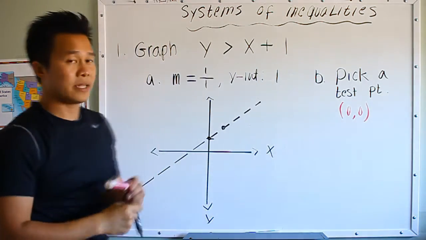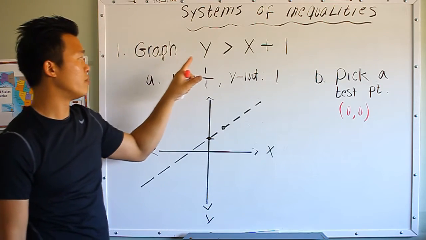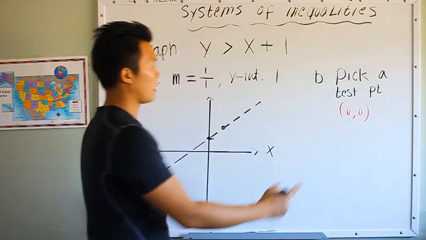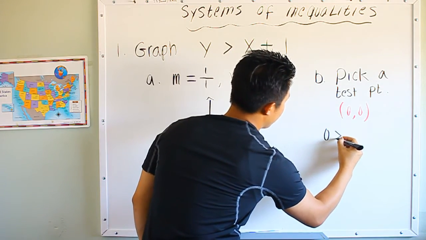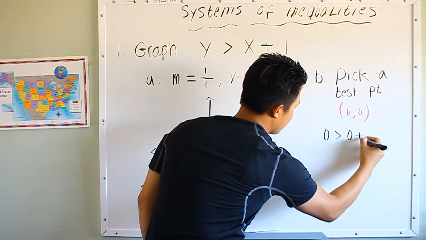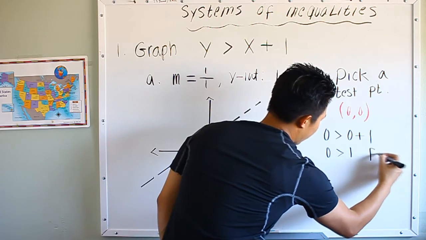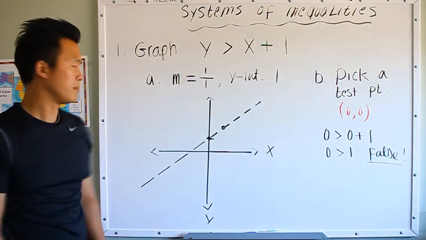Once I have chosen a test point, I'm going to plug that test point into the original inequality to see whether it's true or false. I get 0 is bigger than 0 plus 1. So 0 is bigger than 1. This is a false statement, because 0 is not bigger than 1.